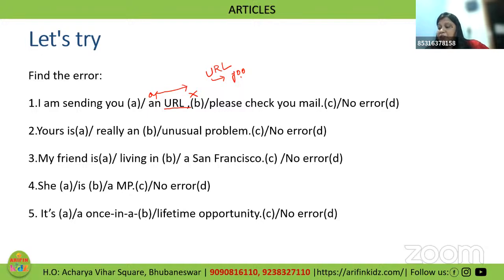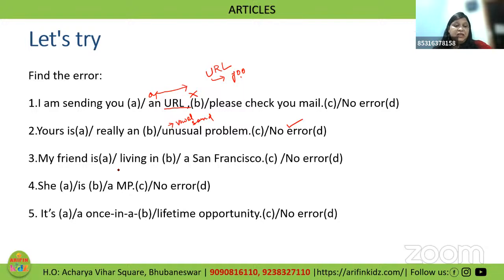Please mention the numbers, okay? If you just write B or C, I won't be able to understand what you are talking about. I don't find any error because again the sound is U, delivering a vowel sound. So it is perfectly fine.